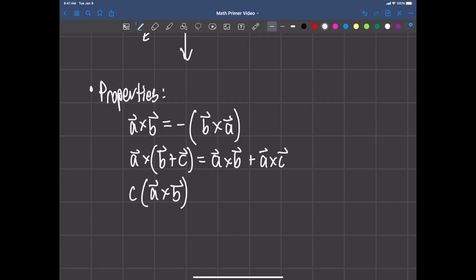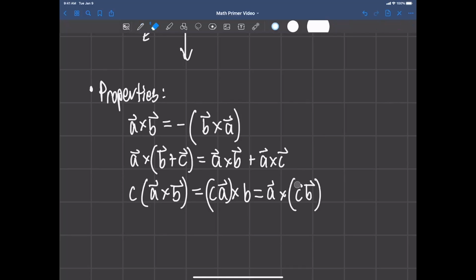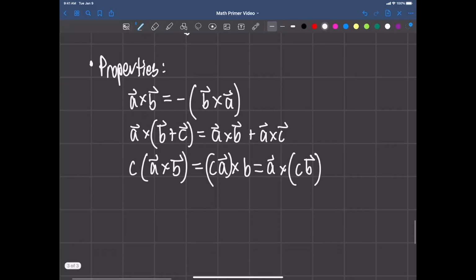A scalar C multiplied by (A cross B) is equal to C times (A cross B), or A cross (C times B). Sorry, C is not a vector, just a scalar.